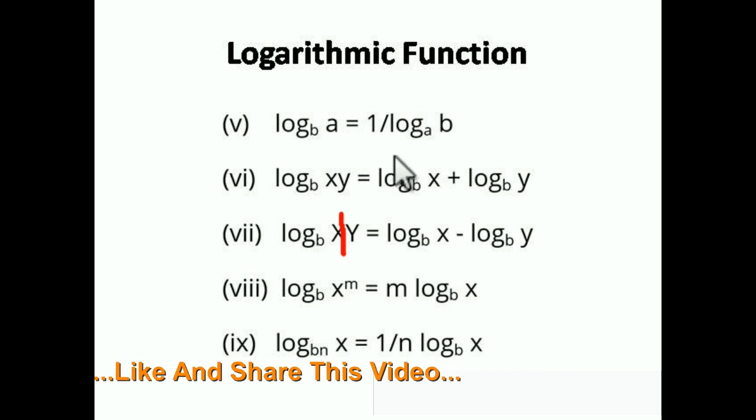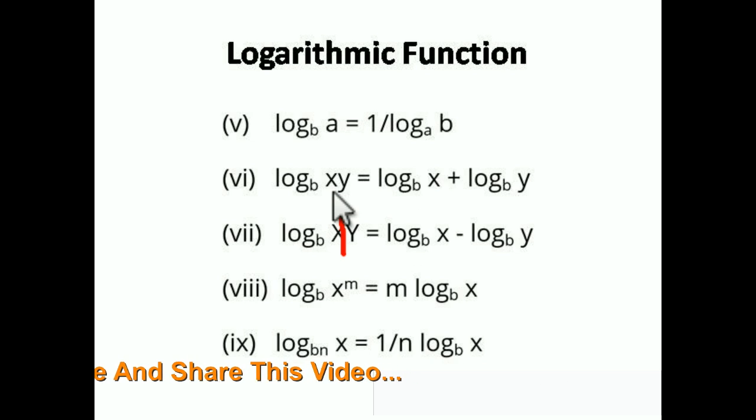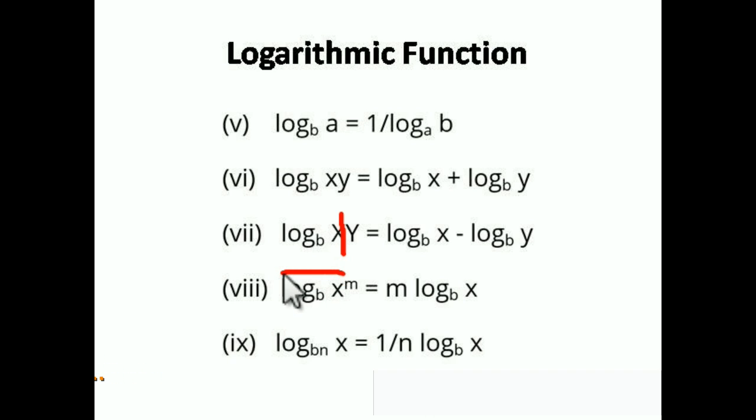These are some known properties, but the most important property I'm going to tell you is this: log x raised to m with the base b. The power can go in front as multiplication, and if there is any coefficient or multiplier, that can go to the power. So the power m can be written as m log x with the base b.